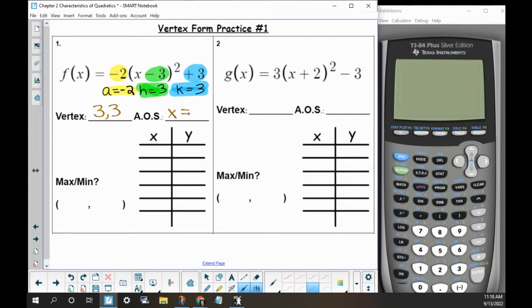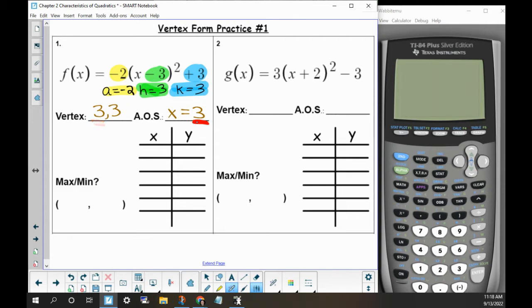X equals H. What's my H? 3. Remember, guys, your axis of symmetry is always going to be the x value of your vertex.